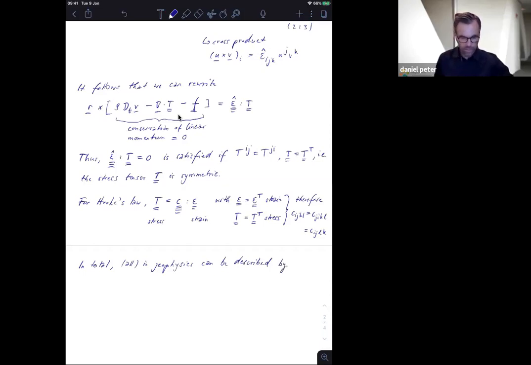So let's quickly write it down. We have the conservation of mass, which boils down to the continuity equation, is equal to 0. So that's conservation of mass.